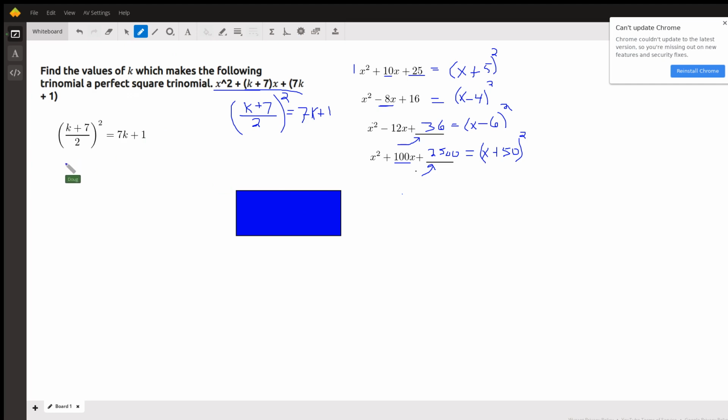If it was me, I'd probably square the numerator. Square the denominator. Multiply both sides by 4.